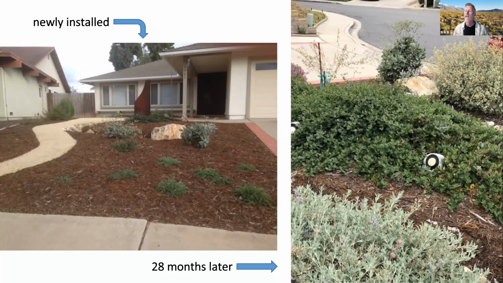I think it looks nice. They're leaving space for maintenance, and although you've got to pull weeds, I'm sure you're going to grow a lot of weeds anywhere. Yeah, I think it looks good too.